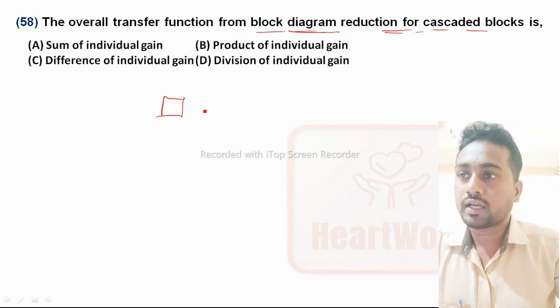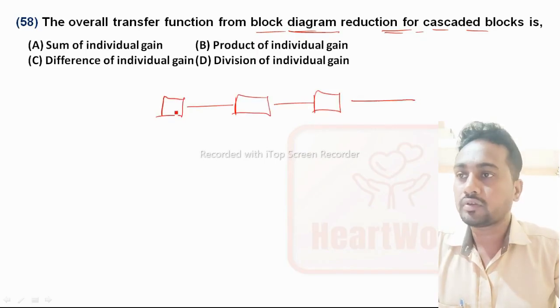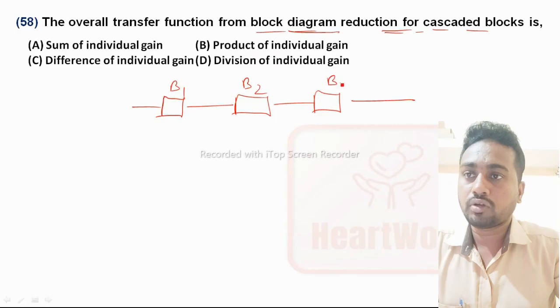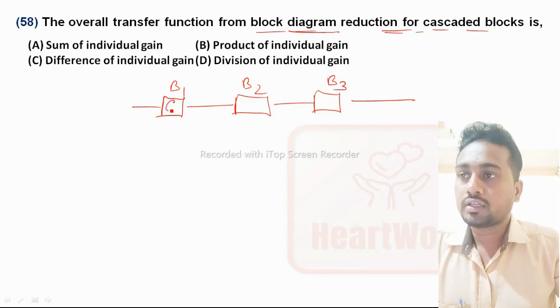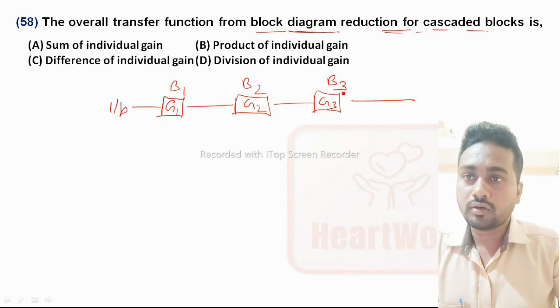Suppose 3 blocks are in cascade, which means they are in series. This is B1, B2, B3, meaning block 1, block 2 and block 3, with gains G1, G2 and G3. This is the input side and this is the output side.